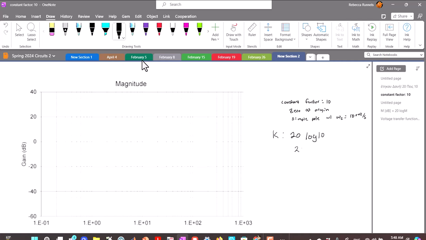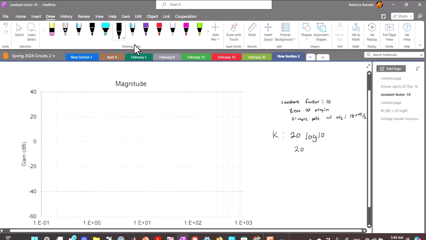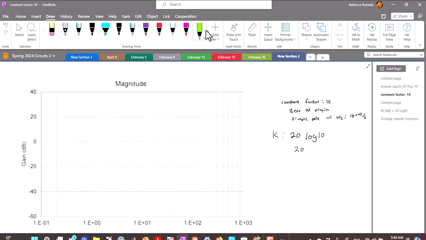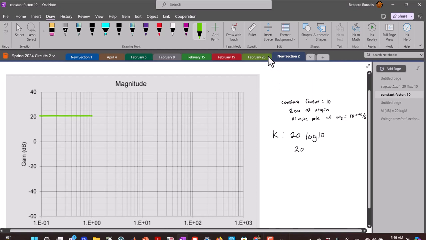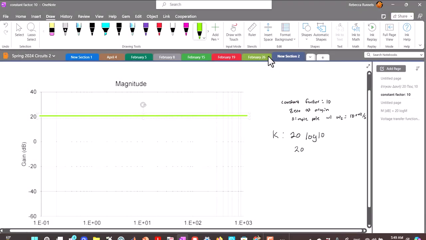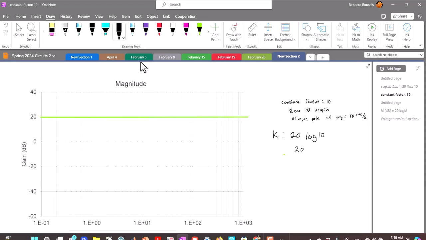So this gives us 20. So that's a constant term, constant 20. And so we can put that in as a horizontal line at 20. All right. So that is our constant term.